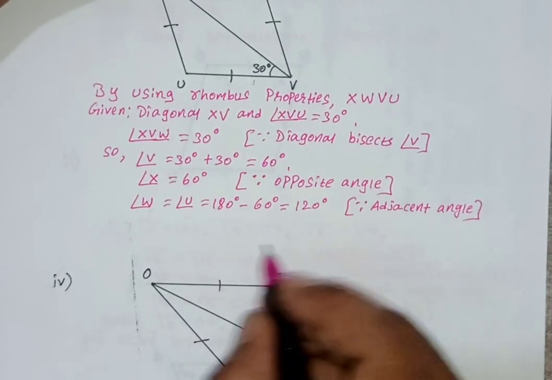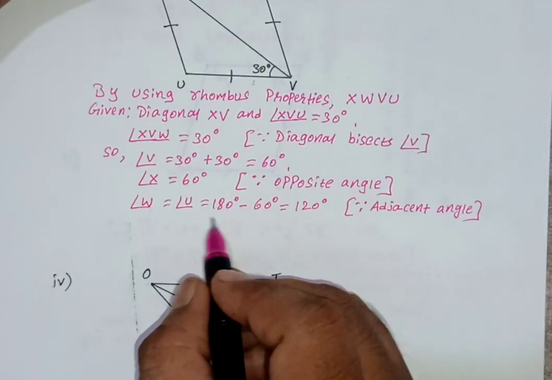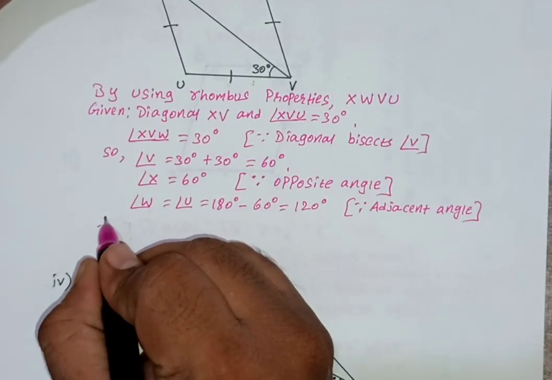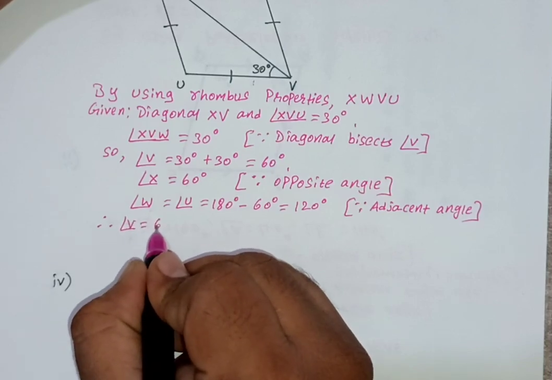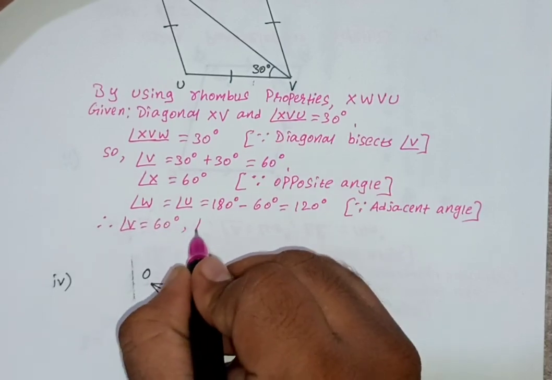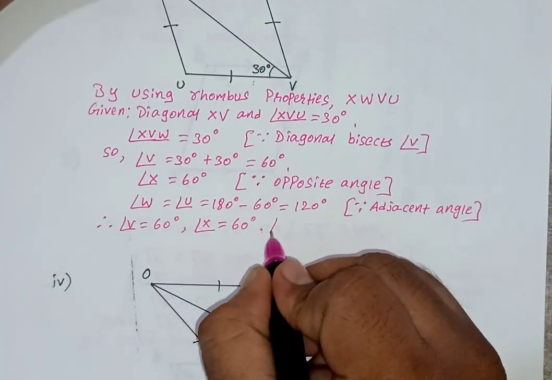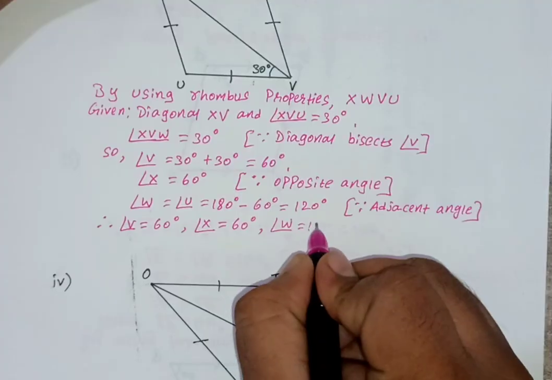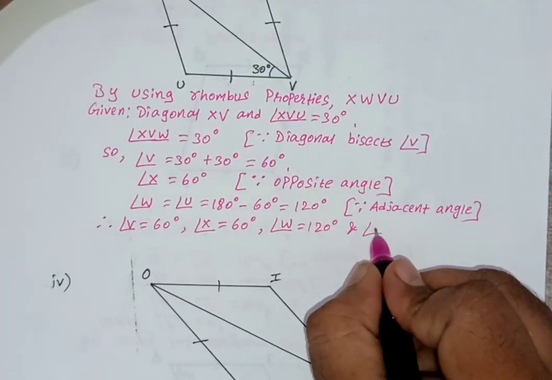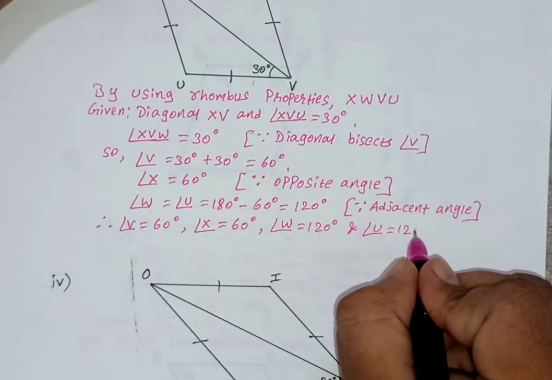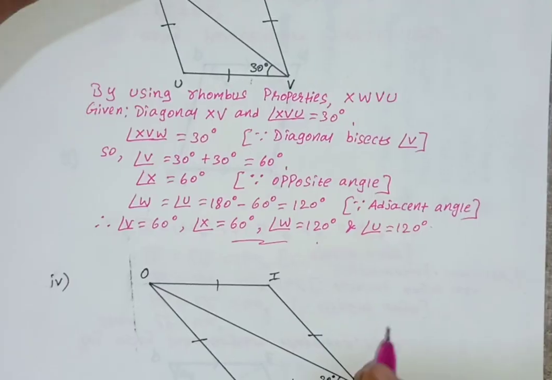Now we got the values of all the angles. Therefore angle V is equal to 60 degrees, angle X is equal to 60 degrees, angle W is equal to 120 degrees, and angle U is equal to 120 degrees. So this is the value we got.